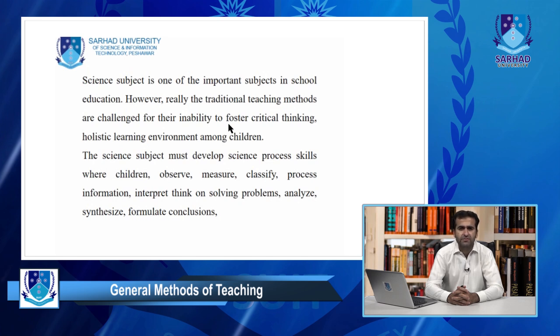However, really the traditional teaching methods are challenged for their inability to foster critical thinking and a holistic learning environment among children. If you consider the old traditional methods, sometimes they become unable, they become incompatible to create critical thinking and a holistic learning environment among the students.